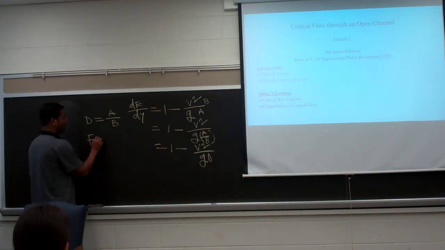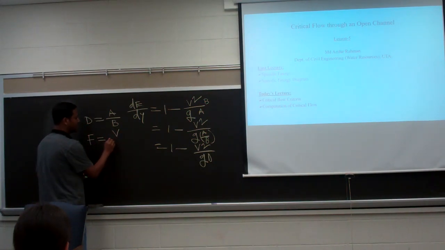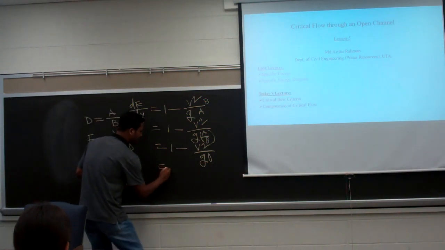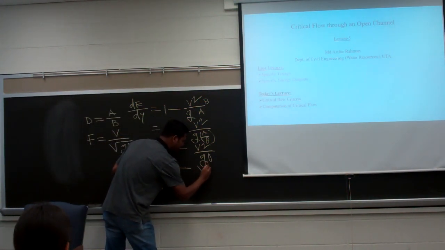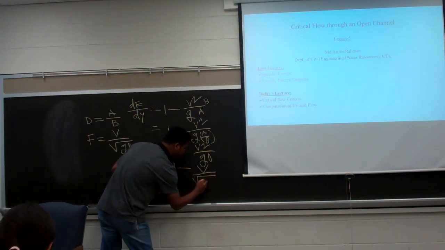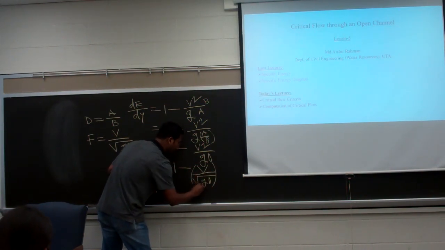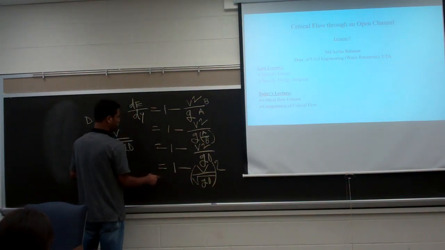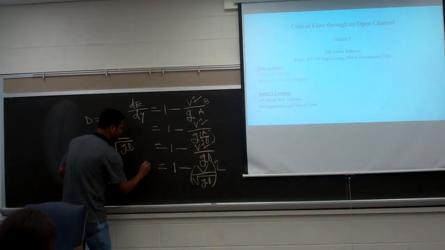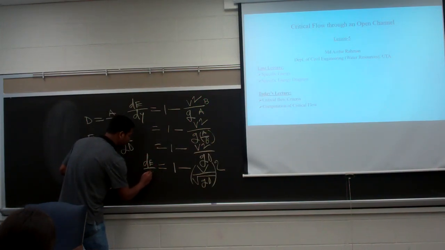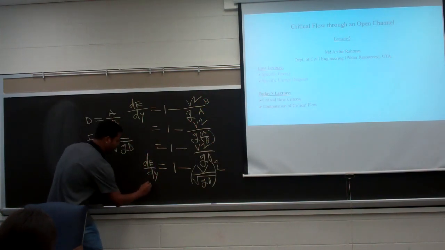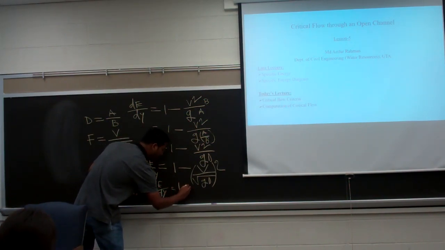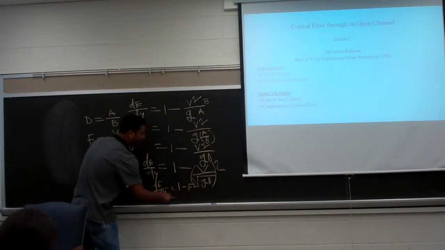Froude number F is equal to V divided by root over g D. So I can write this equation this way, V divided by root over gD, squared. So it is the same. So that I can replace this value with this Froude number. So still it is this one, right? So dE divided by dy is equal to 1 minus Froude number squared.